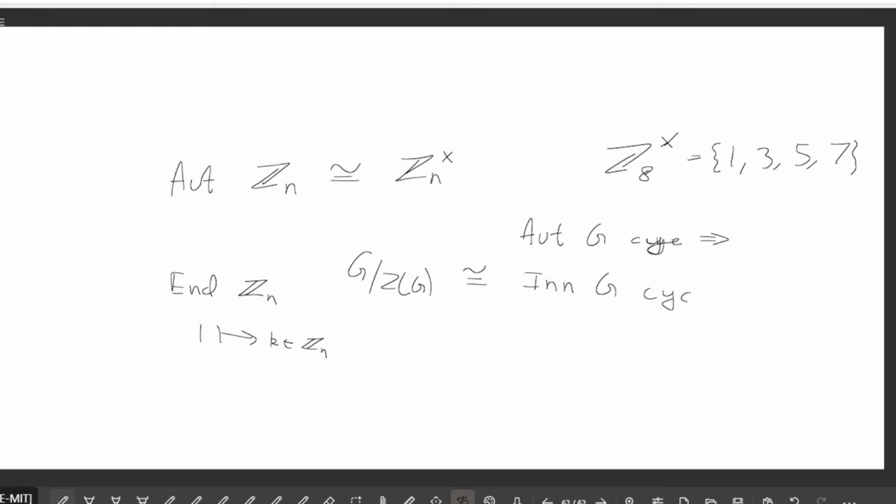One has to go to one, and two cannot go to one because it's injective. So 0 has to go to 0, 1 has to go to 1. So that is not true. But it's almost true, as the next problem shows: if G has order greater than 2, then Aut G is non-trivial.